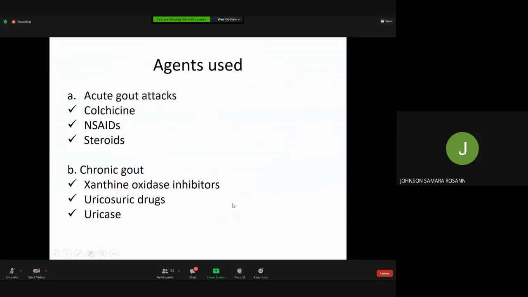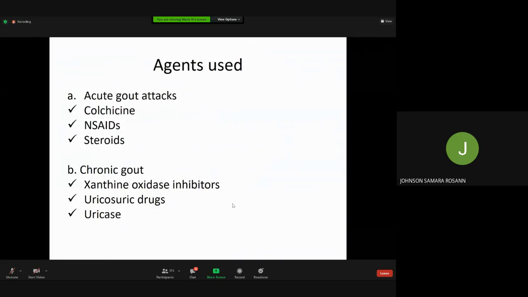So finally, I now begin with the agents that are used in management of gout. For the acute gout, remember we want to deal with inflammation. So you'll use anti-inflammatory agents. Examples are colchicine, your non-steroidal anti-inflammatory drugs, and steroids, and we'll go through each of them.